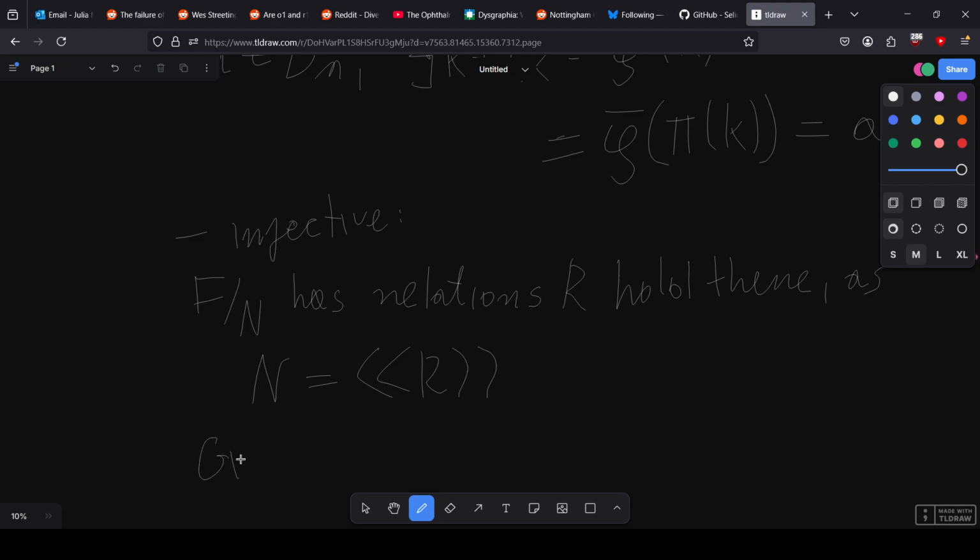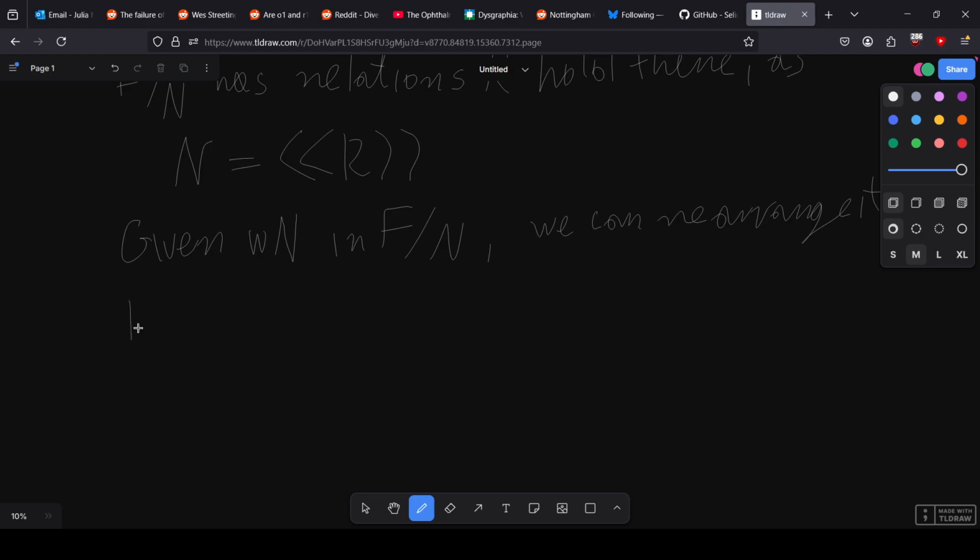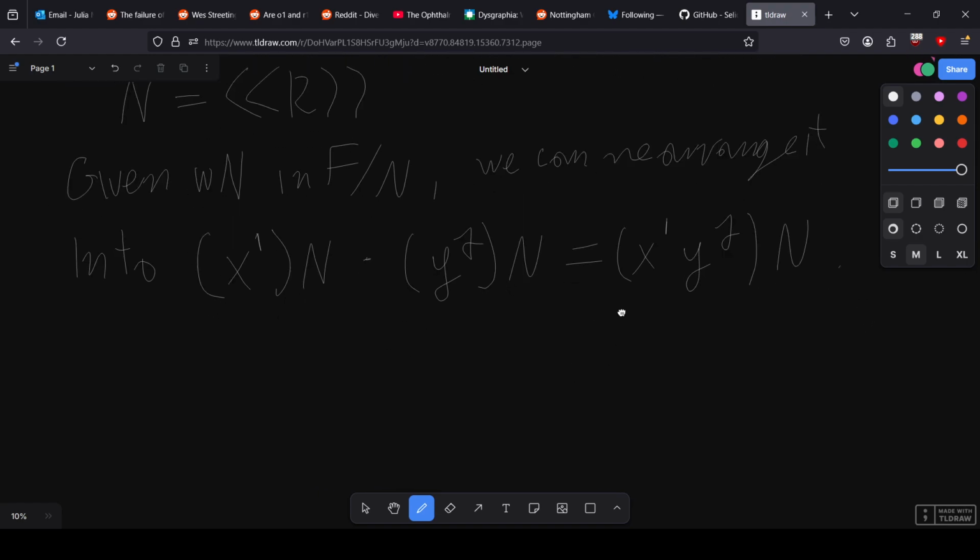So, given some coset, let's say wN in F quotient N, we can rearrange it into x to the i N times y to the j N, which is equal to x to the i y to the j N. Now, why is that?